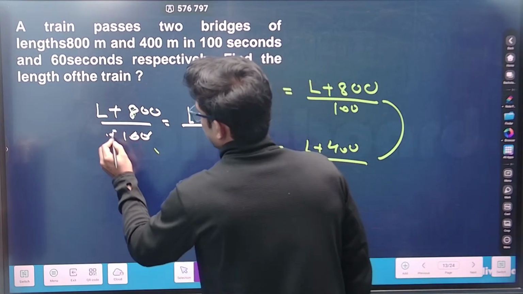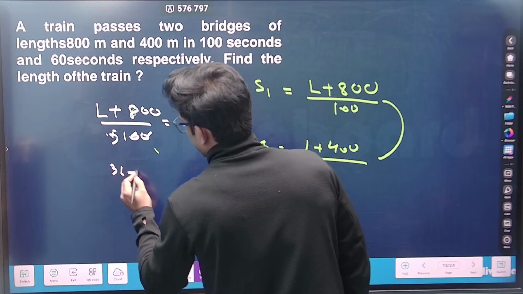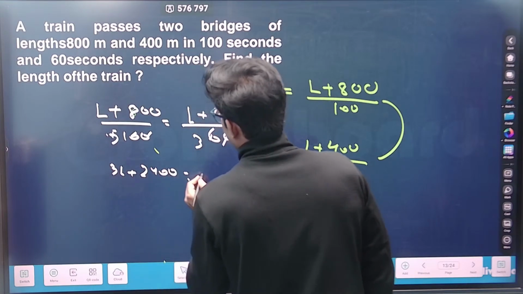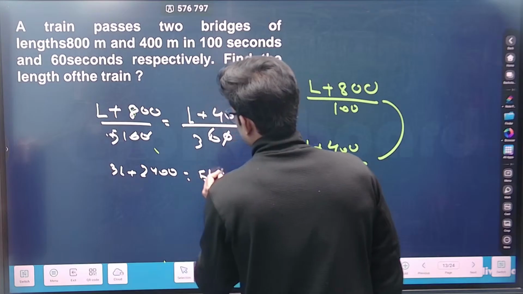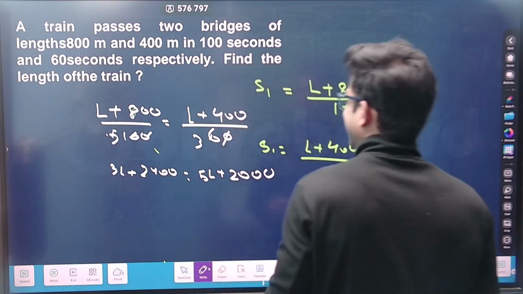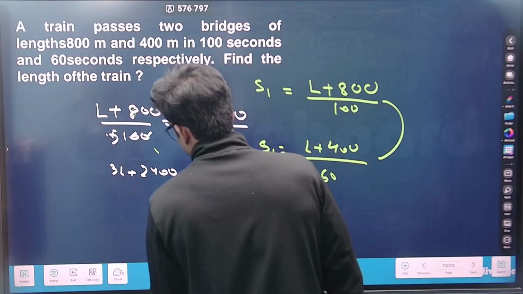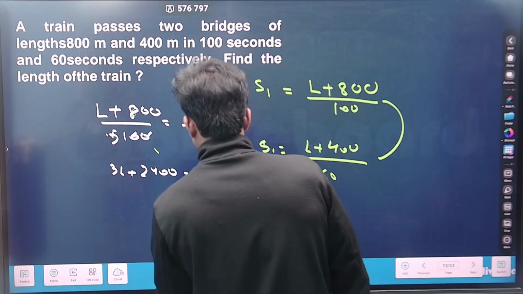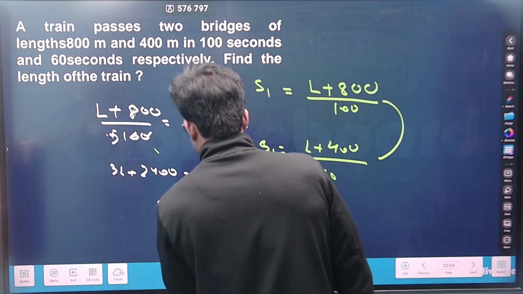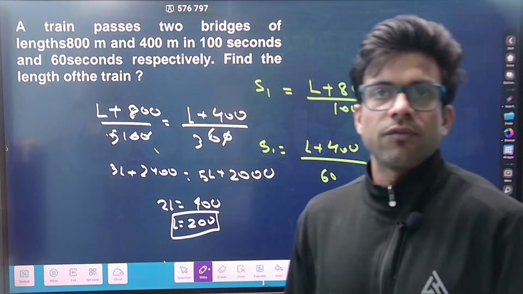This goes 5 times, this goes 3 times. So this becomes 3L plus 2400 is equal to 5L plus 2000. Is it right? Yup. So from here 2L would be equal to 400. From here L would be equal to 200. They are asking to find the length of the train. The length of the train is basically 200.